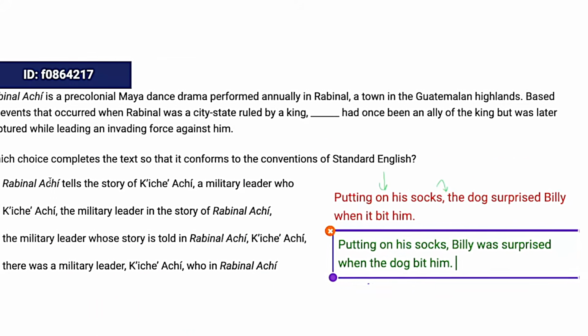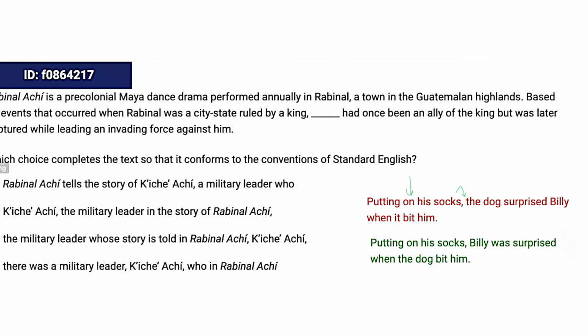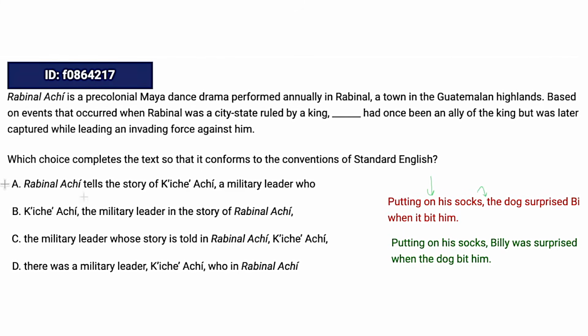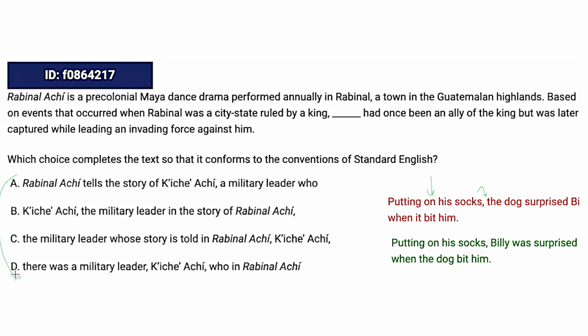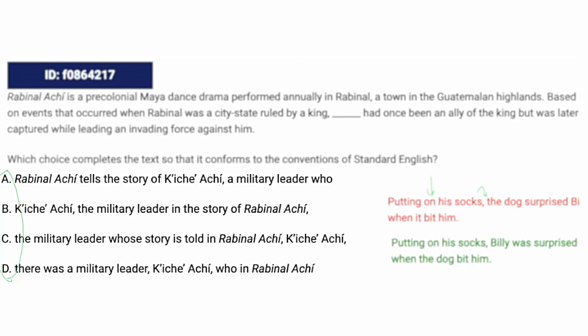Now, you might be wondering, how did I know I'm dealing with misplaced modifiers? Well, they're pretty easy to spot. At least I think they are. All the answer choices are going to have a different noun that starts them. And you can see that that's true. We have Rabinal Achi, we have K'iche' Achi, we have the military leader, we have "there was a military leader," so existential there.